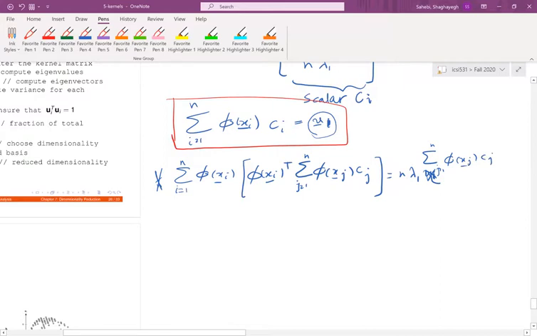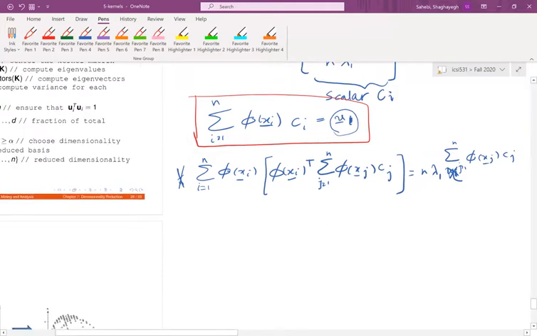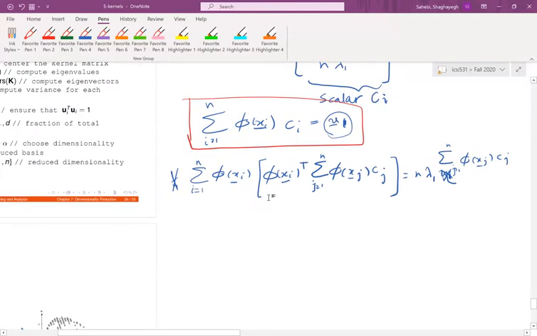All right. What I can do is that in this bracket here, phi of xi is independent of j in this summation, so I can just move it inside.